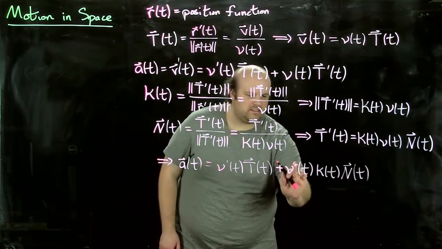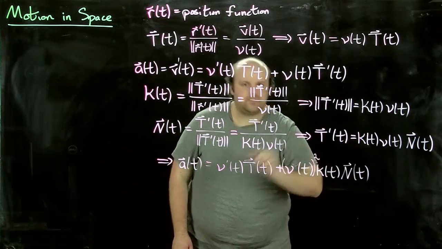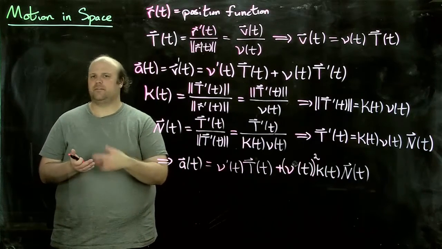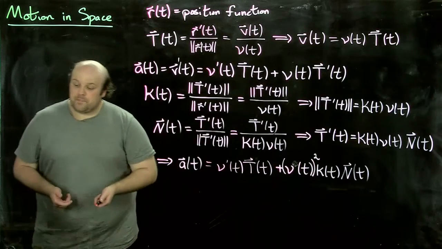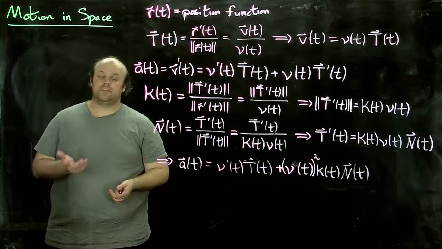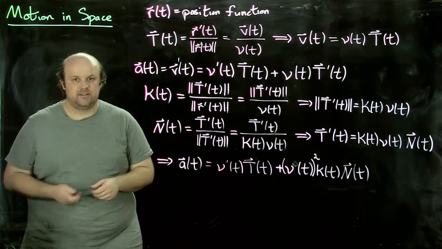And actually, I think it looks a little bit better if we write it like this. That way there's no confusion. It doesn't look like v compose v, or nu compose nu, sorry. All right, so we've expressed the acceleration of the curve in terms of T and N, as promised.